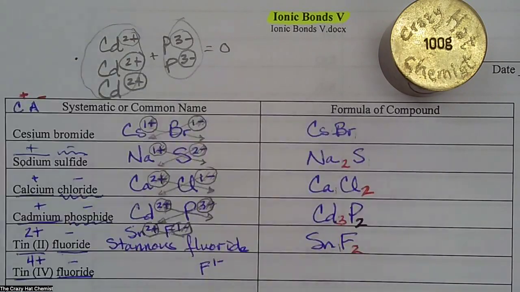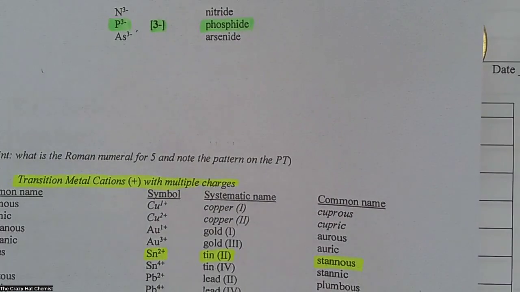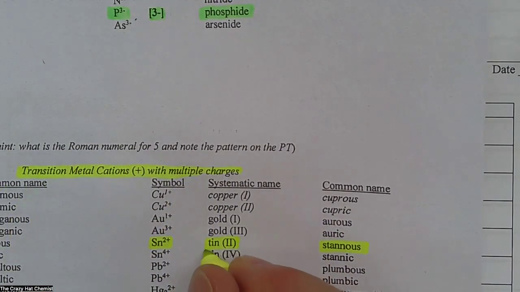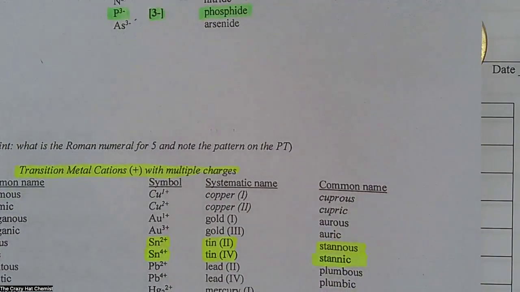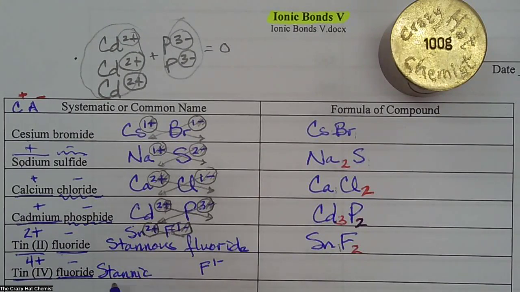That's the fluoride. Now we need to find tin Roman numeral 4. So tin Roman numeral 4, because it has a Roman numeral, it is in the middle with the transition metal cations category. That's tin Roman numeral 4. That's Sn with the 4 plus, and that's stannic for a common name. So this is actually stannic fluoride.